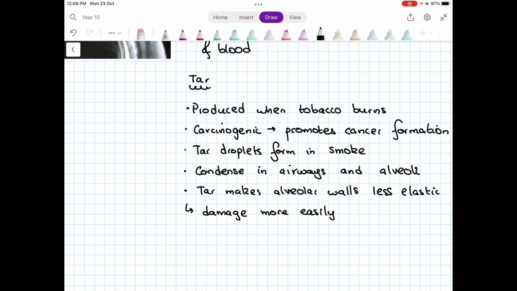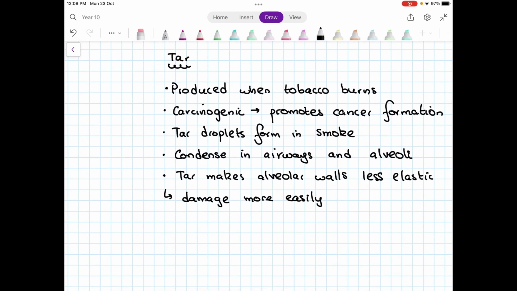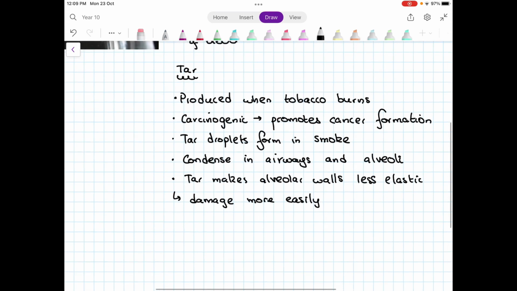Tar also damages ciliated epithelial cells, which are the cells that you might find in the trachea, bronchi, and bronchioles that contain hair-like structures, and damaging these cells leads to a buildup of mucus in our lungs.